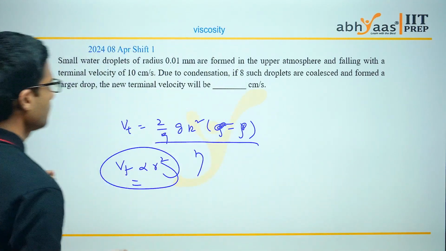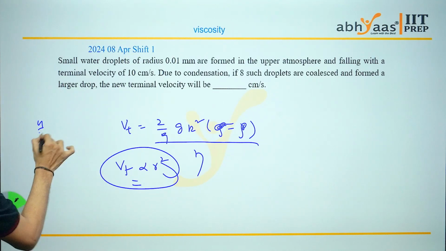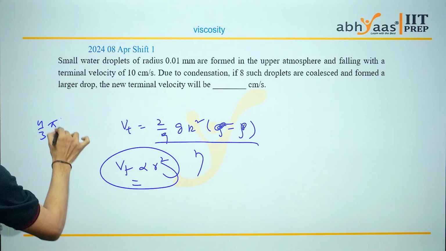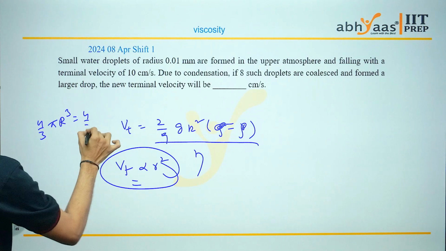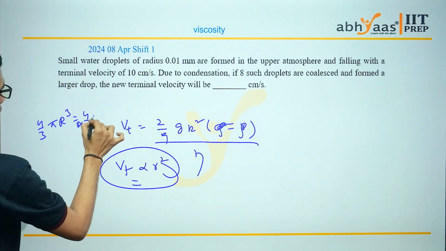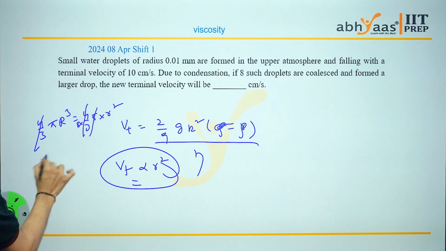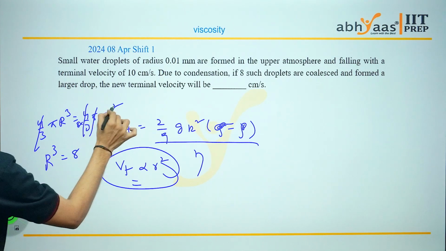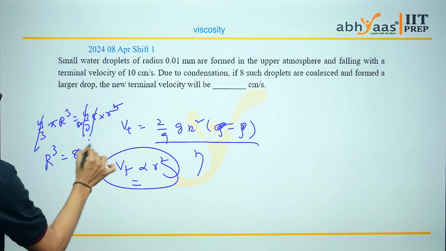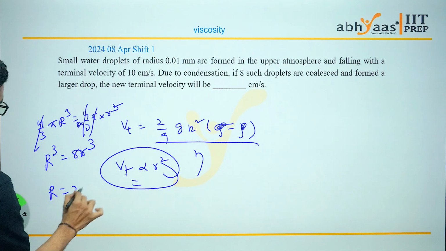So here what happened, 4 by 3 pi big R cube, that is the big drop, equal to 8 into 4 by 3 into pi into small r cube. 4 by 3 pi cancelled, R cube is equal to 8 small r cube. Then R is equal to 2r.